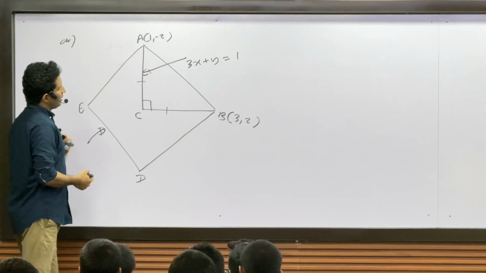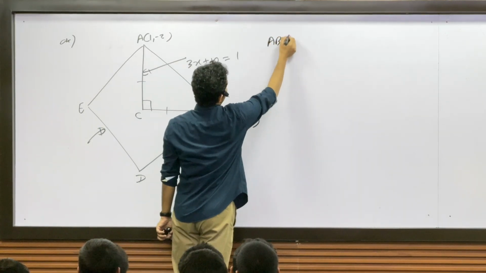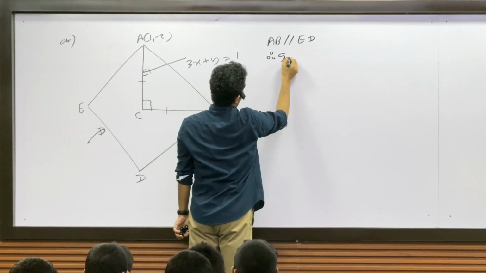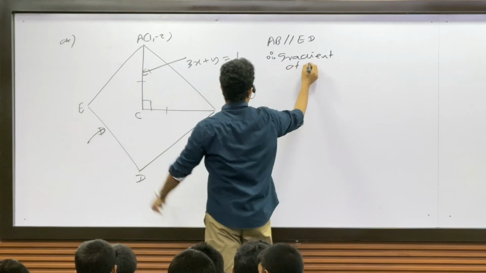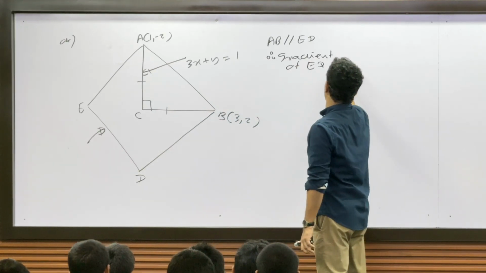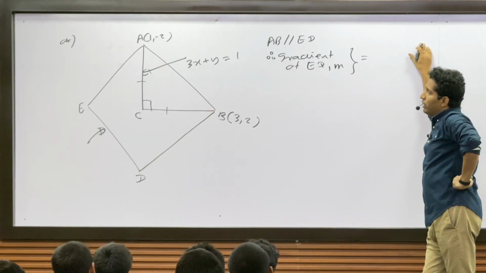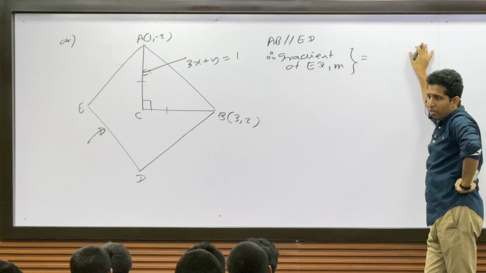Now you can say AB is parallel to ED. Therefore the gradient of ED, m, is the same as the gradient of AB. You can easily find the gradient of AB: difference between y coordinates over difference between x coordinates.